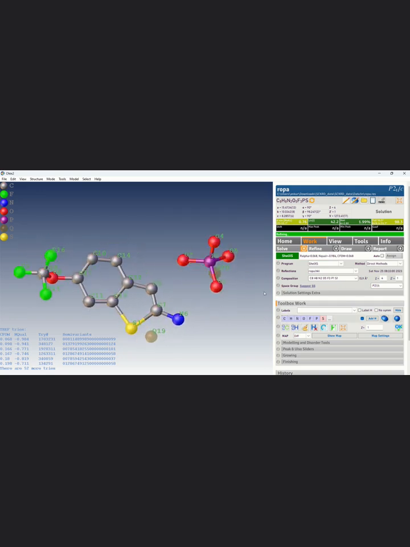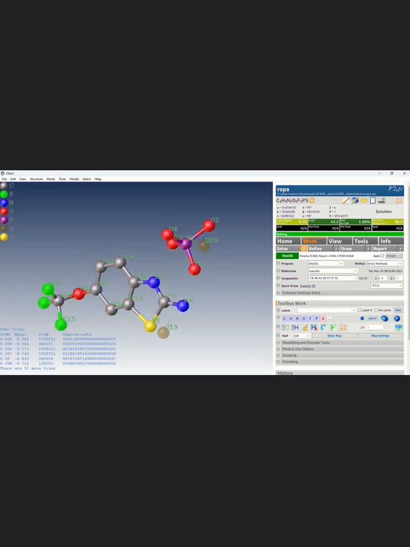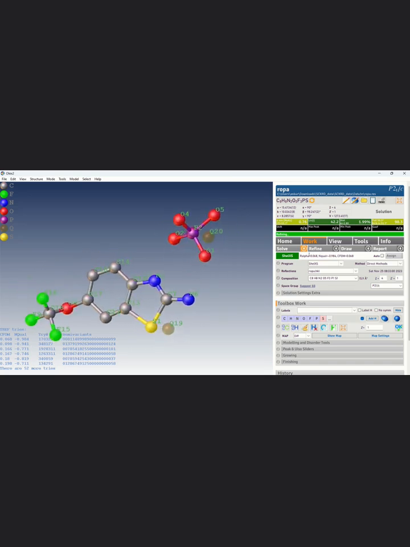Now you can see that this is making a PO4 type of structure, a phosphate ion, and we have one nitrogen remaining here. There are two nitrogens, and I have used one here, and this might be the structure of riluzole. So this carbon 3 can be a nitrogen. We can use some hint, and here we will click on the refine button, so the structure will get refined.